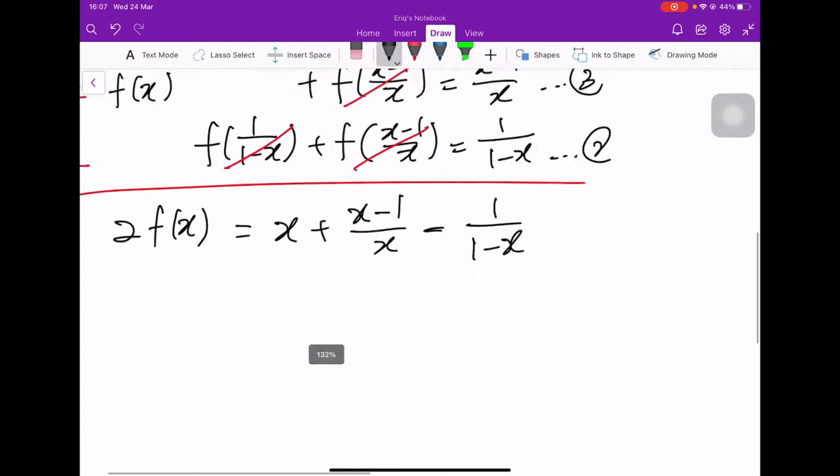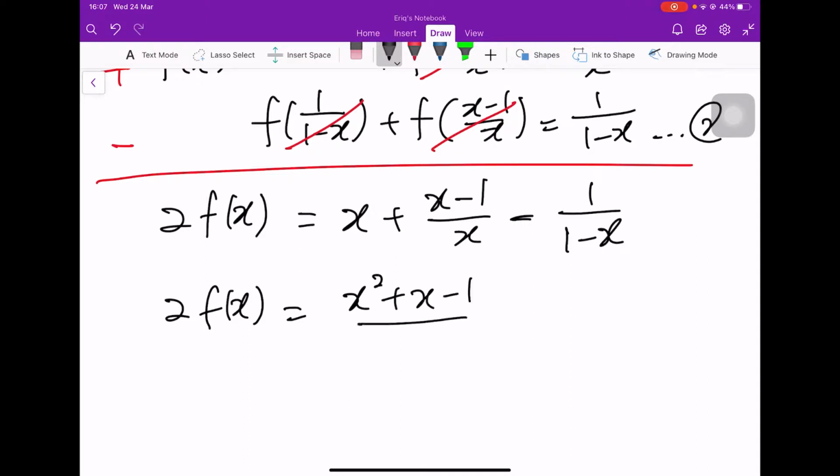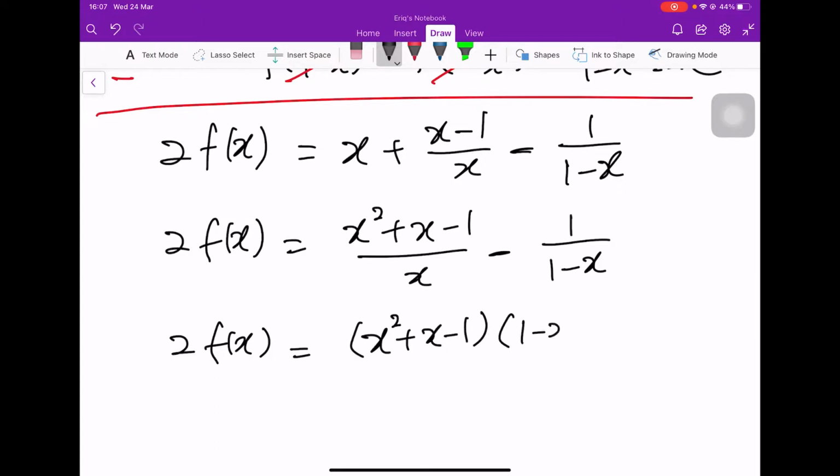So let's do it slowly, to make sure we don't make any mistake here. So it will just be x squared plus x minus 1 over x minus 1 over 1 minus x. Okay, 2f of x is x squared plus x minus 1. You try to get a common denominator, minus x over x times 1 minus x.